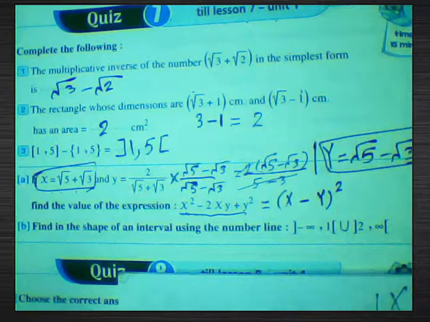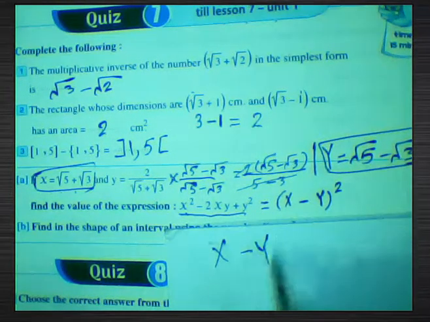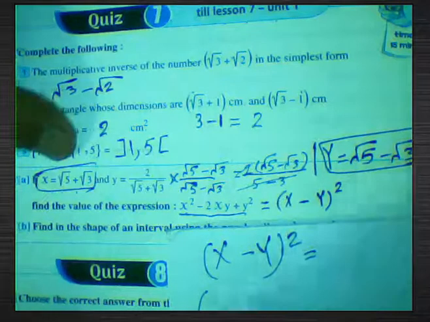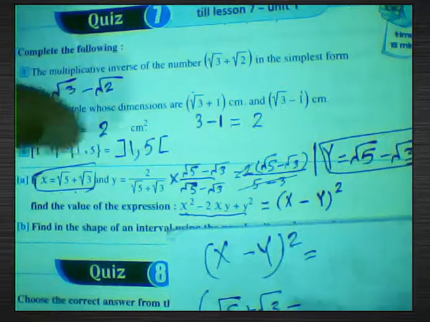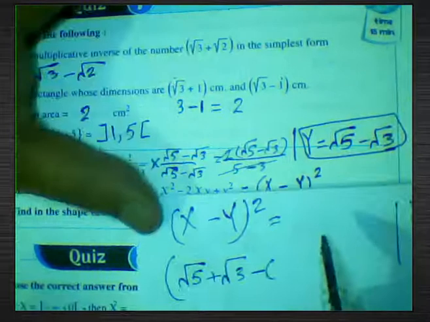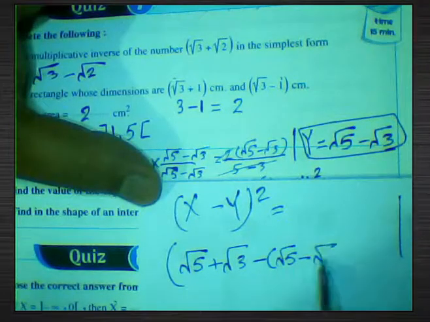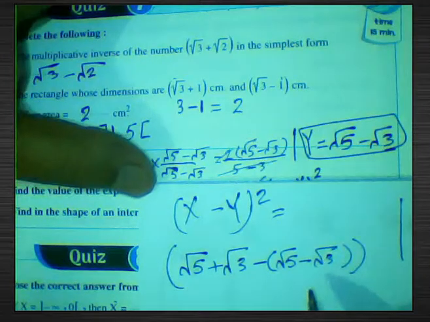So x subtract y to power 2 equals, we write the expression of x, square root of 5 plus square root of 3, subtract y, we write square root of 5 subtract square root of 3, and we close this parenthesis.